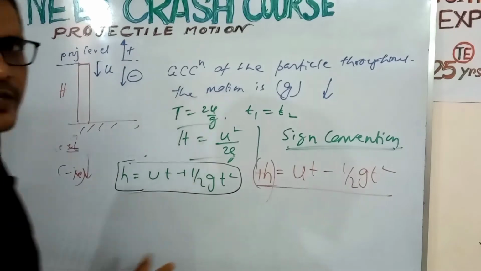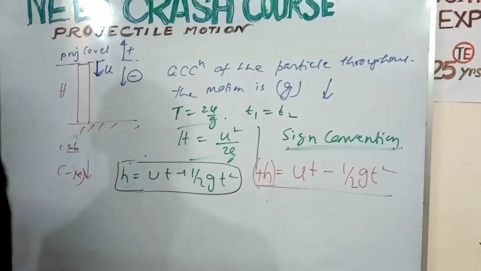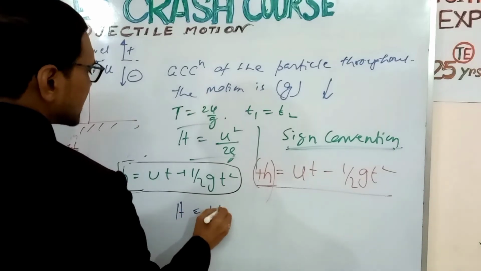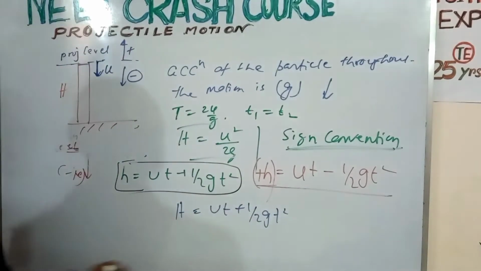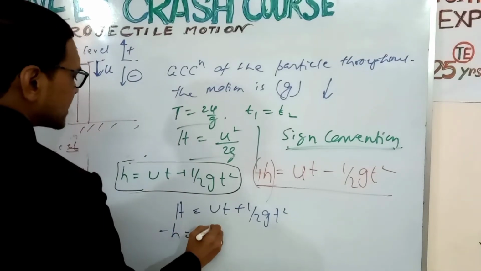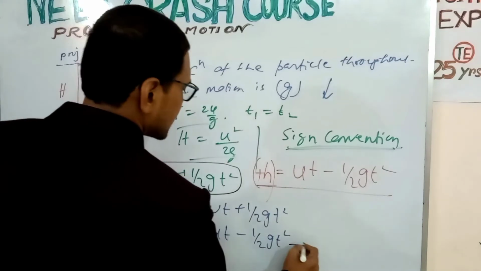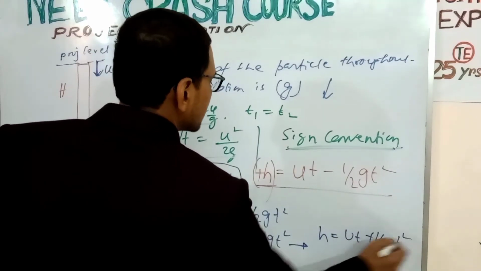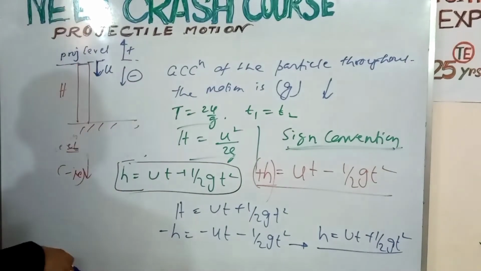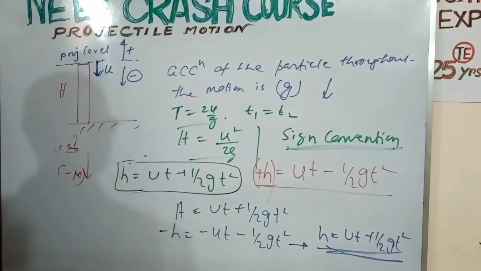The general equation has h negative, so minus h, u is negative, so minus u, and g is negative, minus g. The result is h equals ut plus half gt square. So when a body is projected downward with velocity u, the equation is also this.